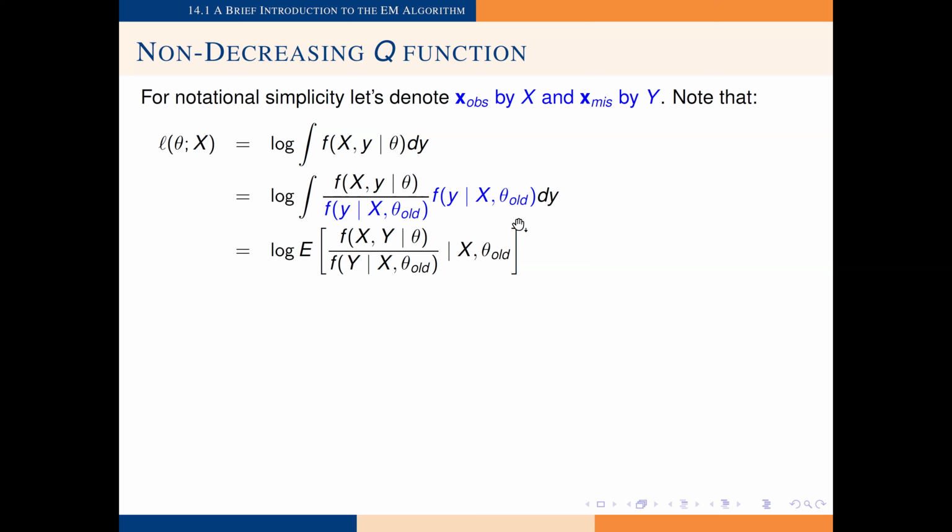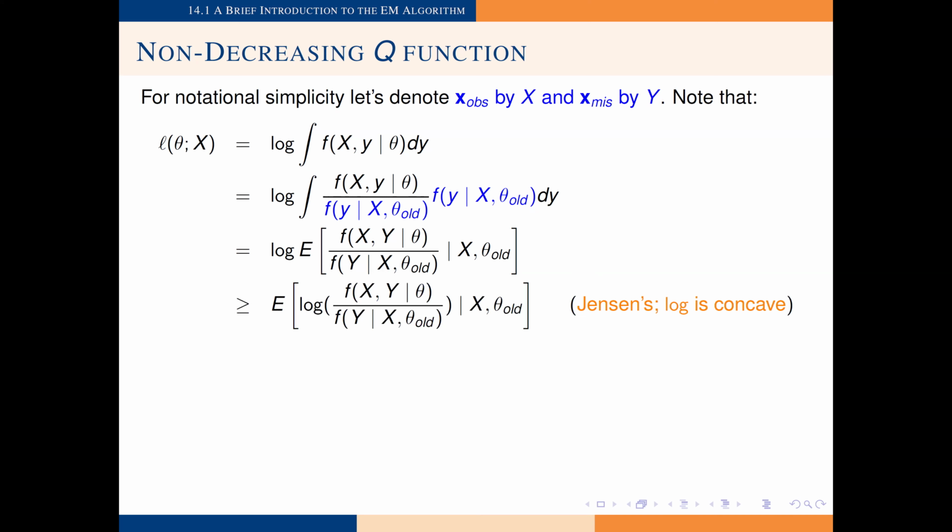By definition, the second line is essentially the log of the expectation of this fraction: the ratio between the joint distribution of x and y given theta, and the conditional distribution of y given x and the old theta from the last iteration, under the conditional distribution of y given the observed data and theta old.